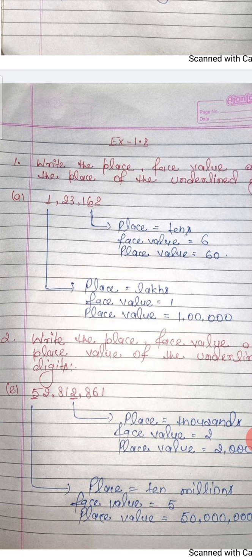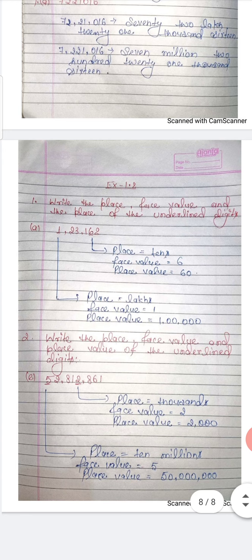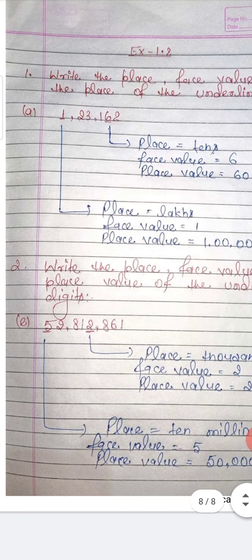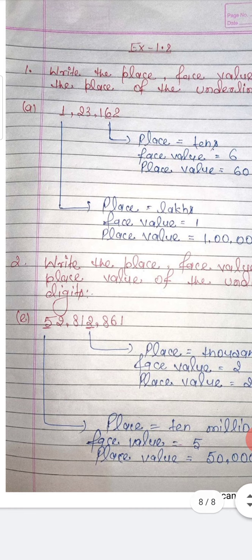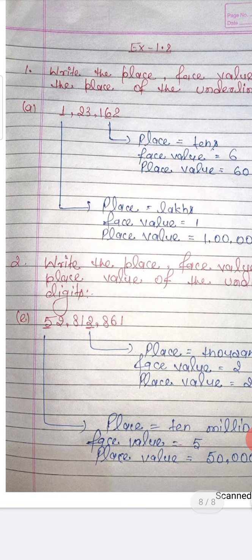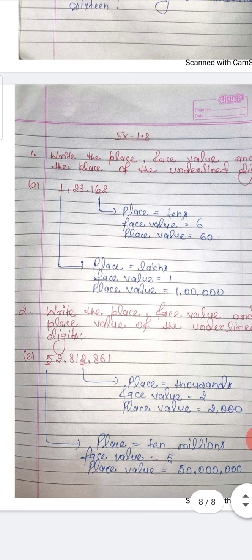Now see question number 2. Write the place, face value and place value of the underlined digits. Question number E. 52,812,861. This number is in the international system of numbers.